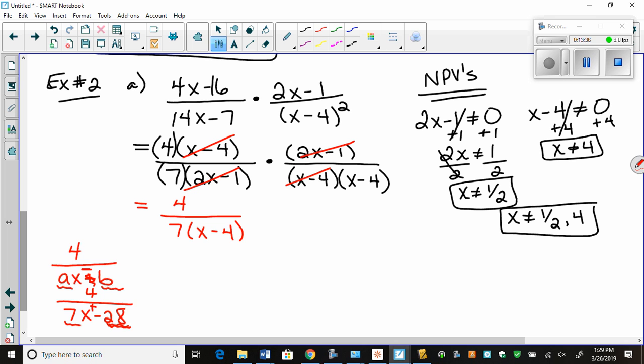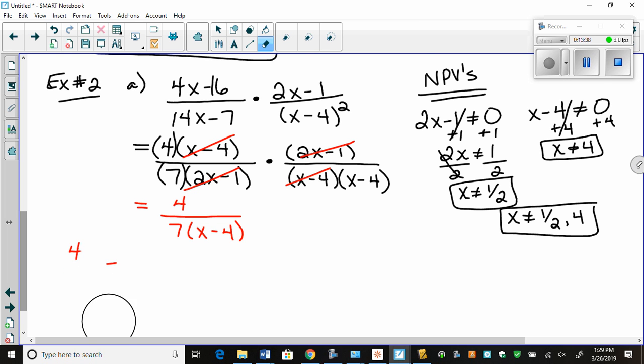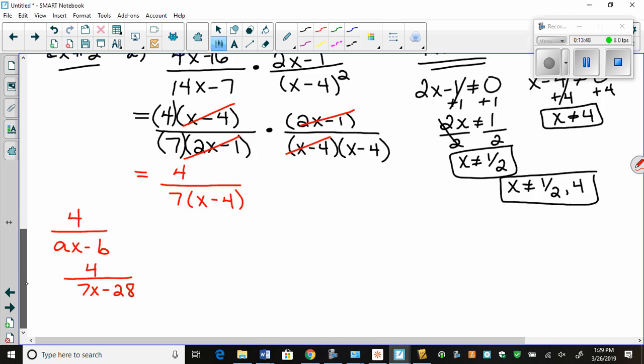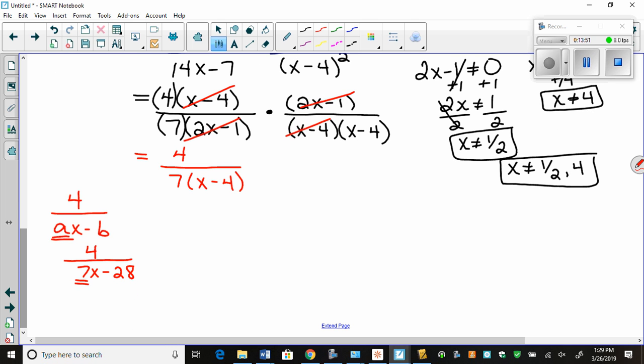So say I had 4 over ax minus b, and I had 4 over 7x minus 28. Then I just take what's there, right? What's in front of the x is a, what's behind the negative sign is b. We agree? But if I had put a plus sign in here, is this a plus sign?